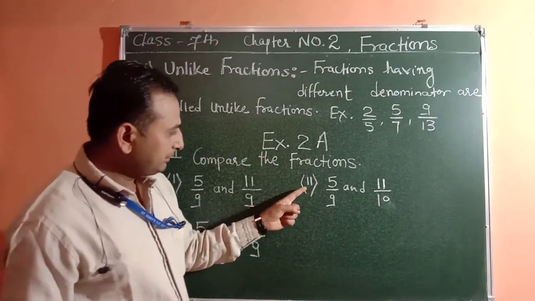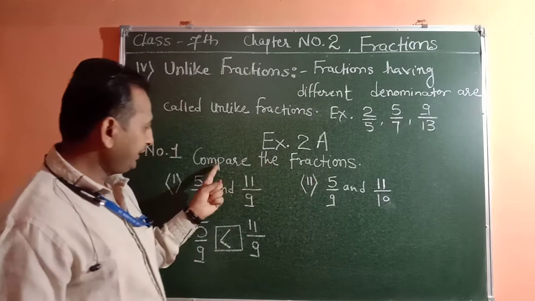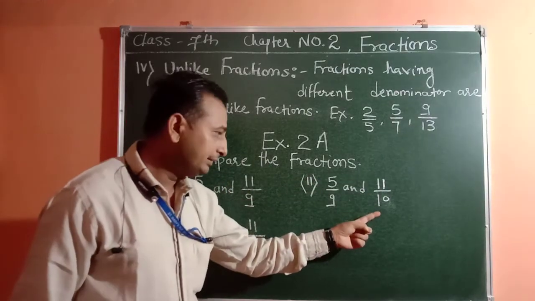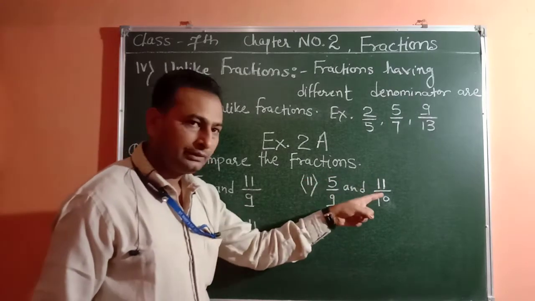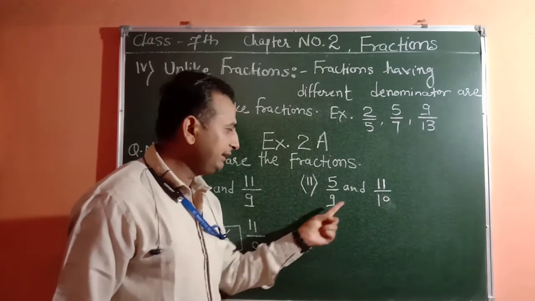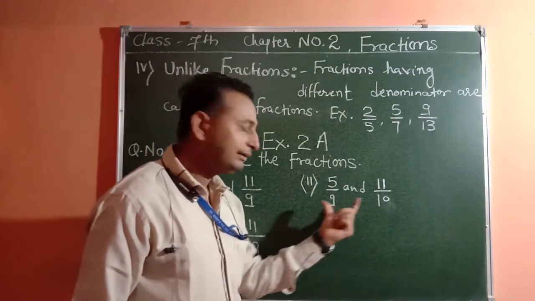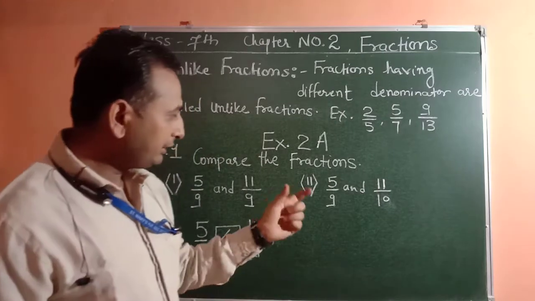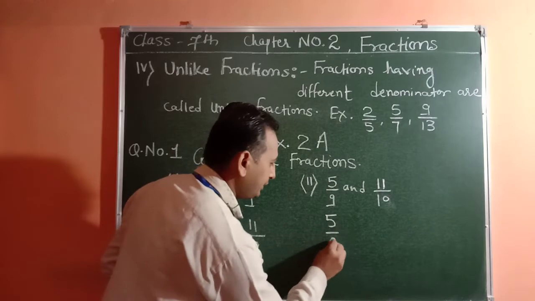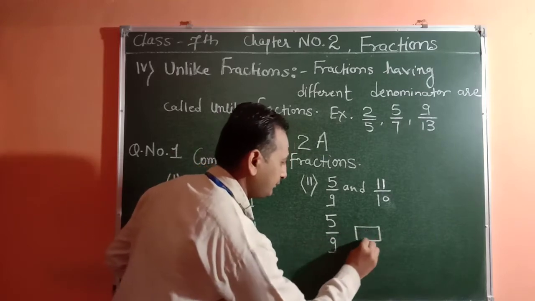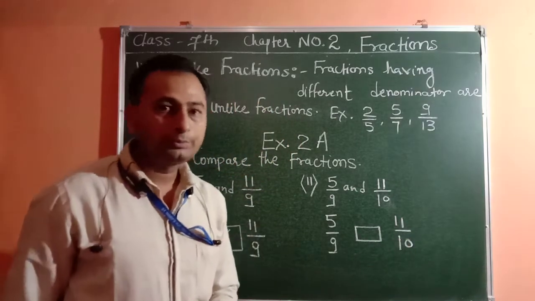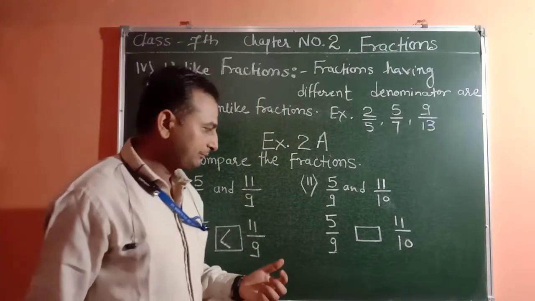Now question number 2. In this question, compare 5 upon 9 and 11 upon 10. Here these two fractions are given, but they have different denominators. Here the denominator is 9, here 10, which means they are unlike fractions. For unlike fractions, write 5 upon 9 and 11 upon 10. We will apply the cross multiplication method for these types of questions.